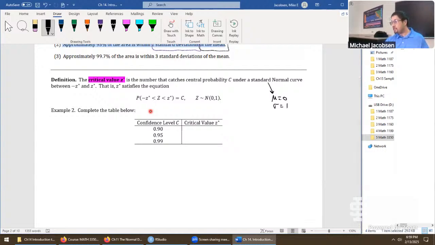The picture is very similar to what we did in the chapter 13 notes. We take a normal curve. This could be any normal curve whatsoever, but we're only doing it for one because you can just standardize to N01 and get the same exact values for Z star. So we go N01 here, implies the center is 0, and then we pick a level of confidence.